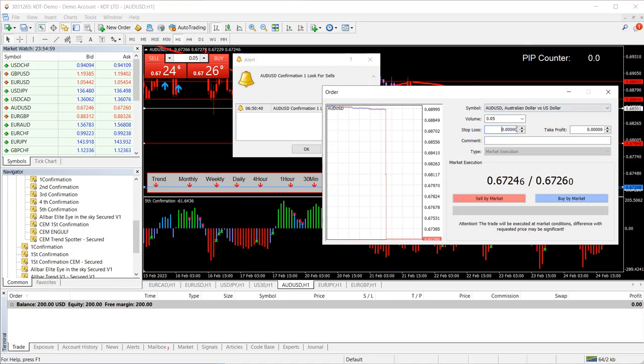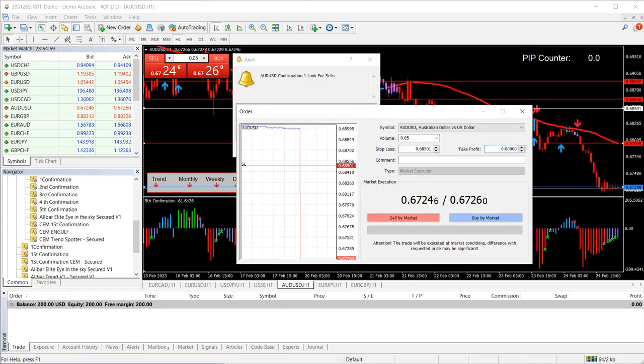So you would put in 0.68501. Okay, and then your take profit, which would be your TP. Click over here. That's going to be, so you can see it, the blue numbers here.